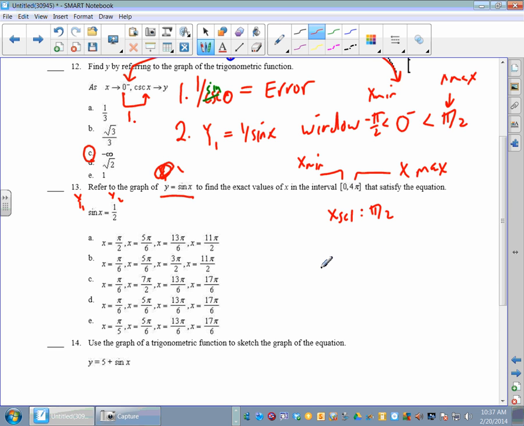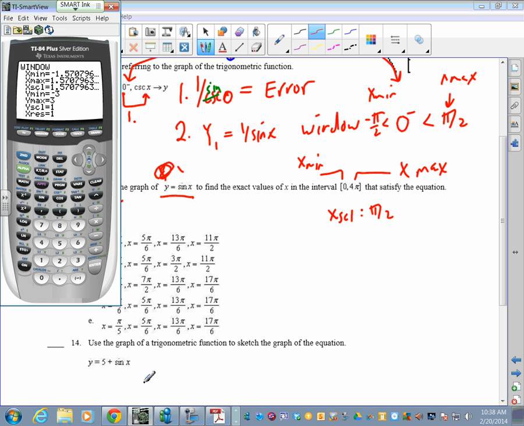I always use pi over 2. Okay. This time I'm not going to use the patented Colberry move of intersect. You'll see why in a moment. So 0 to 4 pi. Negative 3 to 3, got it. Y1 equals sine of x.